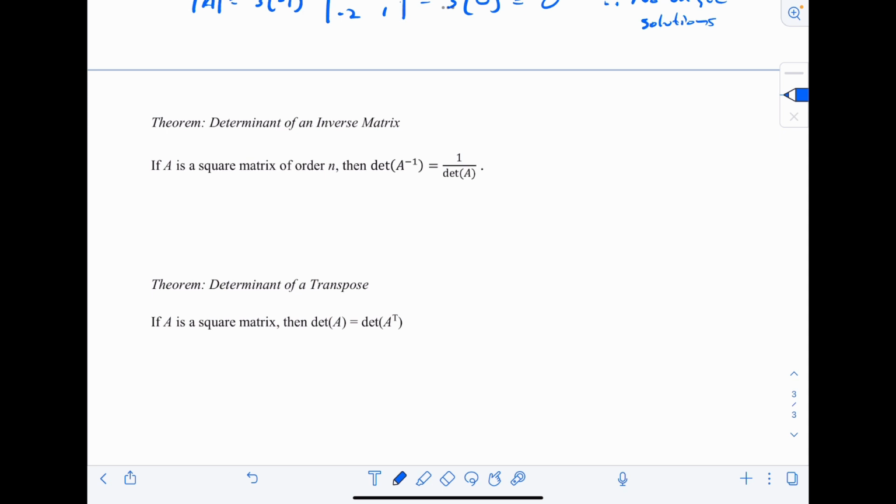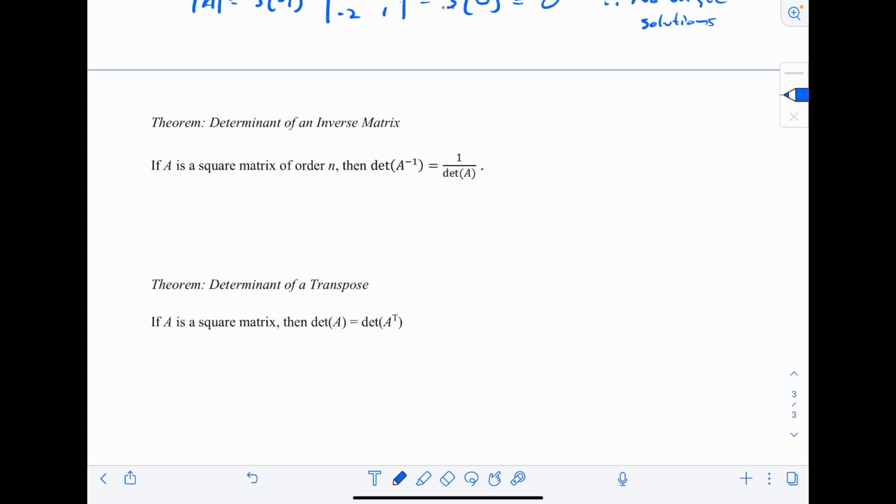And then the last one, a similar type idea, is the determinant of a transpose. So if I have a matrix and its transpose again, switching rows to columns, columns to rows, the determinant of the matrix is the same as the determinant of its transpose. That should seem pretty straightforward because if all I'm doing is switching the rows and columns, rows become columns, columns become rows.